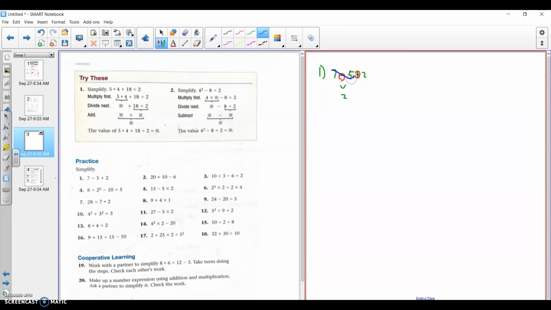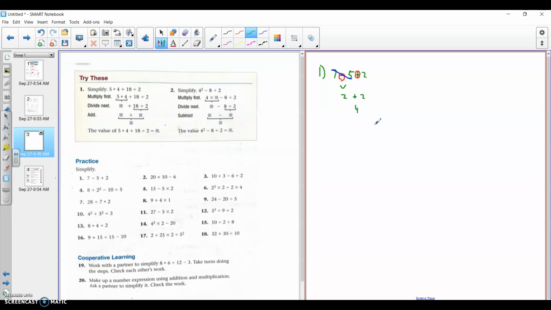You can cross off or you can just leave that alone. It doesn't matter how you want to do that. Then I'm going to bring down what I haven't used, my plus and my 2. And to finalize that, 2 plus 2, my answer is 4. So in my answers today, I would have just 4.